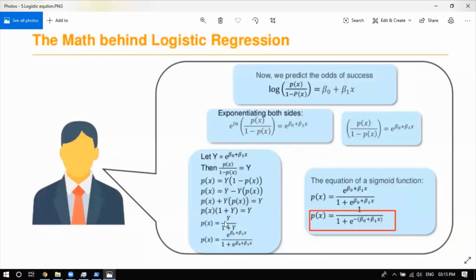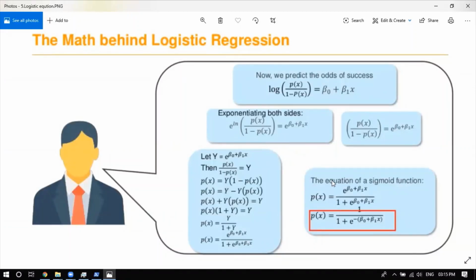So the probability of happening is y divided by 1 plus y. And what is y? y is this particular term. Now we substitute the exact value of y. So P of x stands for e to the power beta naught plus beta 1 x divided by 1 plus e to the power beta naught plus beta 1 x.